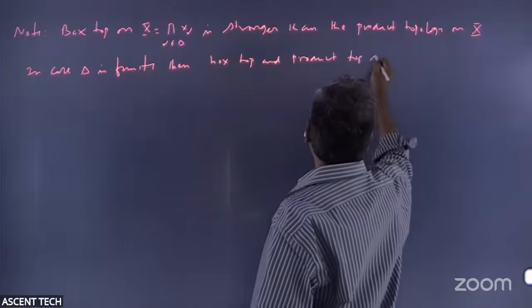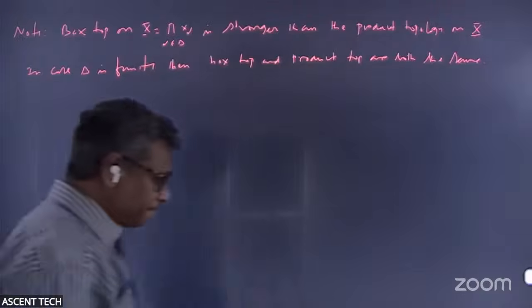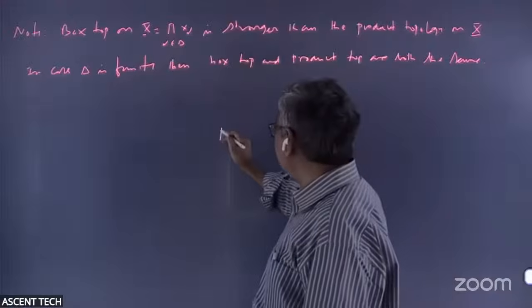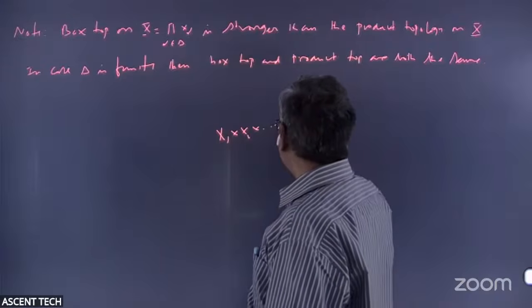Suppose I only have finitely many, X1 cross X2 cross etc. cross Xn, suppose that's all I have.